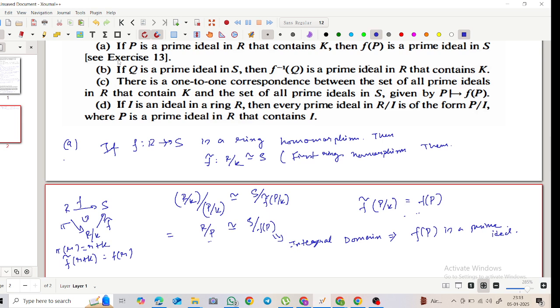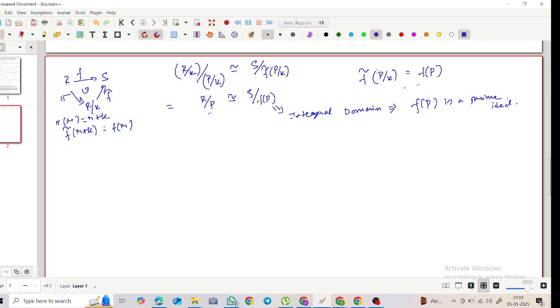Now for B, if Q is a prime ideal in S, then f inverse Q is a prime ideal in R that contains K. Now this is comparatively easier. See, 0 belongs to Q, which implies 0 belongs to, what was the notation by the way?